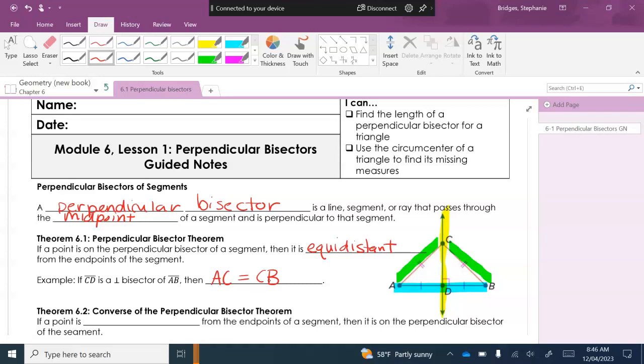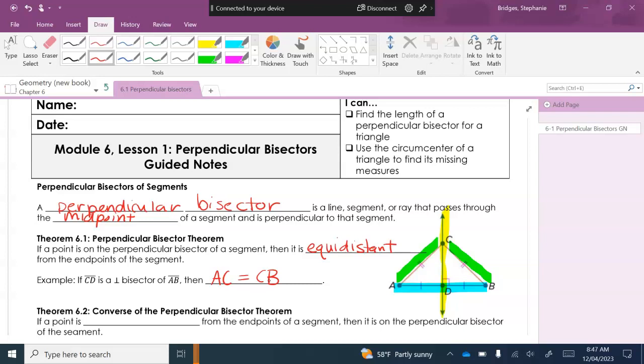And then what this theorem says is that this point that is on the perpendicular bisector, it lies on that line, is the same distance from either end of my segment there. Does that make a little bit of sense? So if I give you a picture with these markings, and I said that AC is 5, and I wanted to know what CB is, what would you tell me? It'd be 5, okay? It's the same distance.